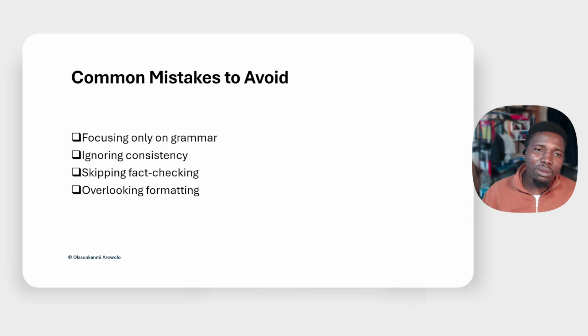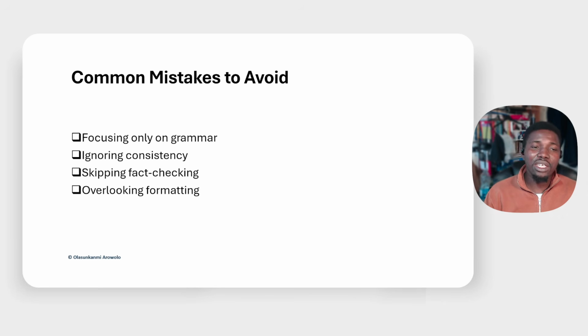Now, these are some common mistakes that you need to avoid. Avoid focusing on only grammar. Ignoring consistency is another big thing. When you ignore consistency, you're causing a big problem, and it is one of the most common mistakes, because people often overlook it.